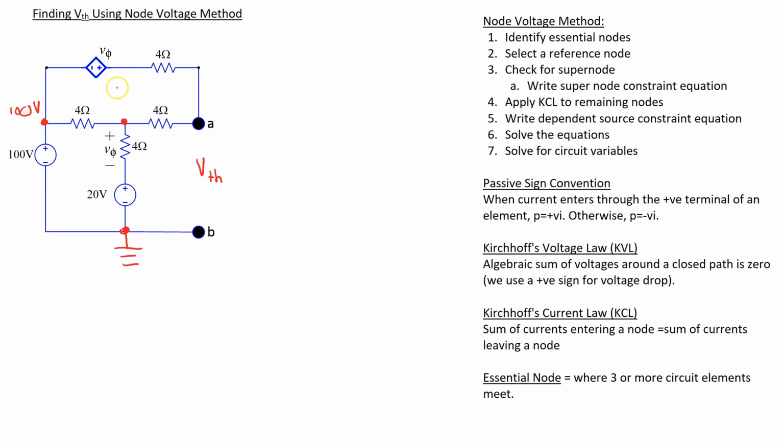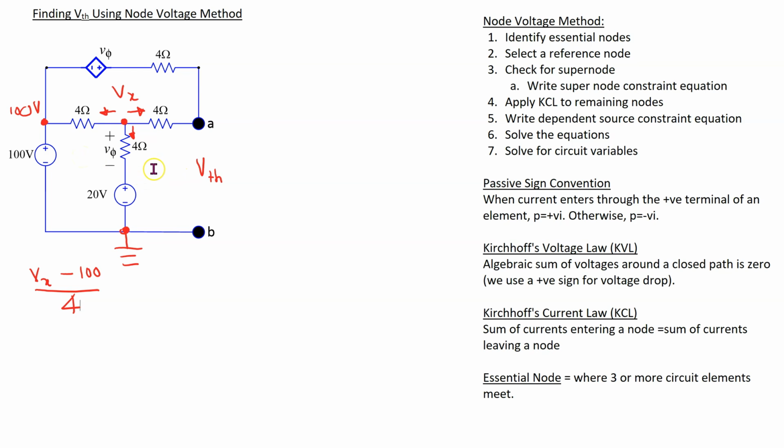So denote the node voltage here as Vx, and we can apply Kirchhoff current law to this node. So applying KCL here, what we get is (Vx - 100)/4. So this is the branch current through the 4 ohm resistor.